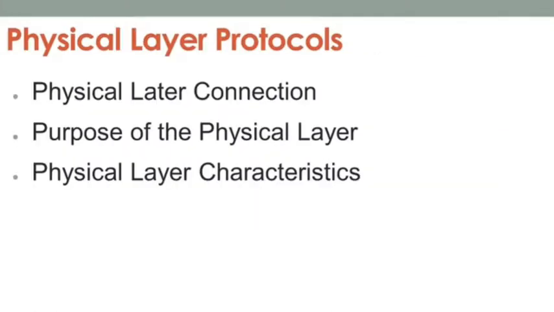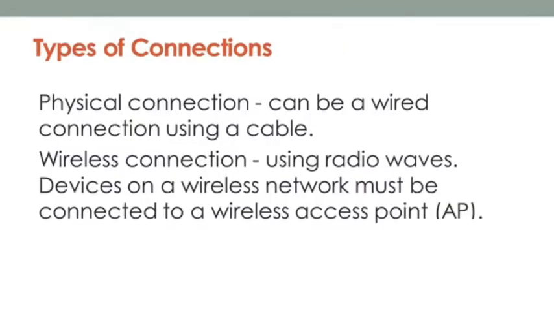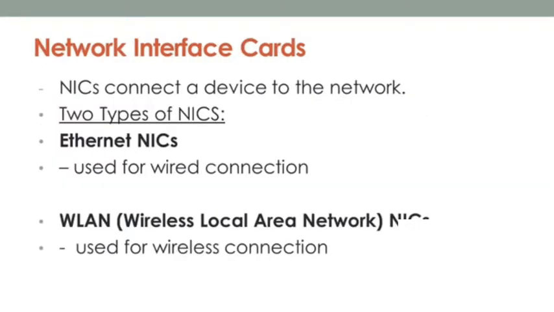Physical layer protocols have three types: the physical layer connection, the purpose of the physical layer, and the types of connection: the physical connection, the wireless connection, and the device on a wireless network. A physical connection can be a wired connection using a cable, while a wireless connection uses radio waves.